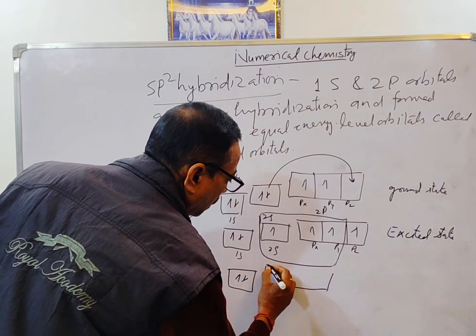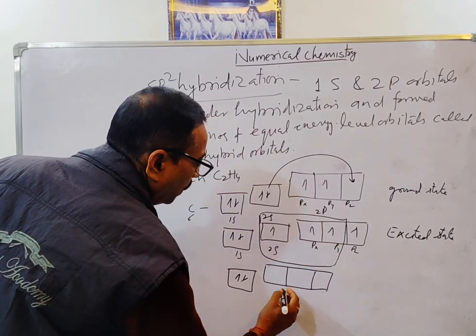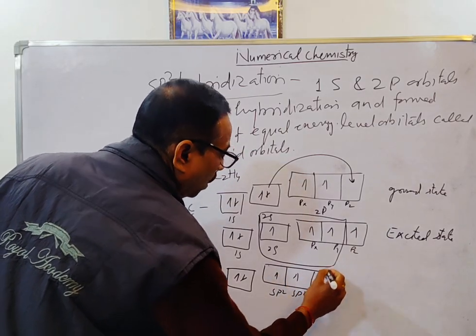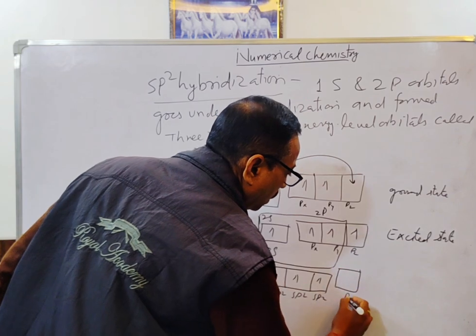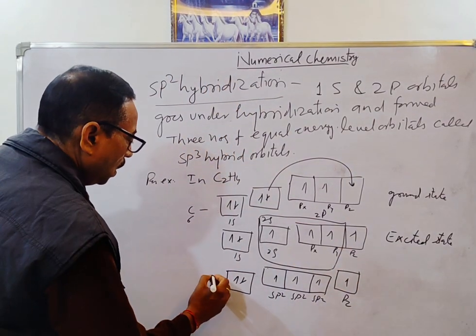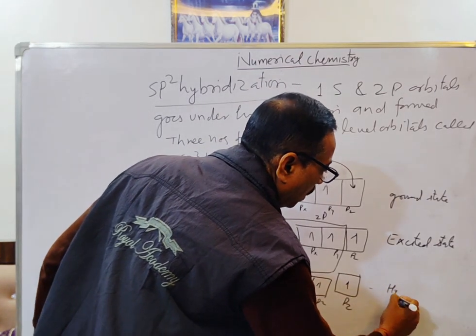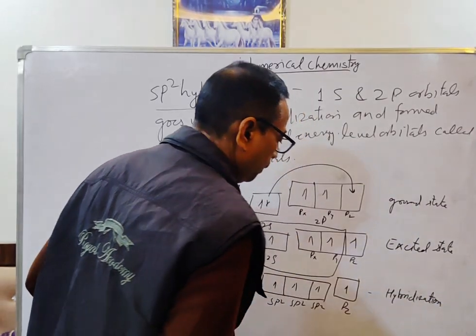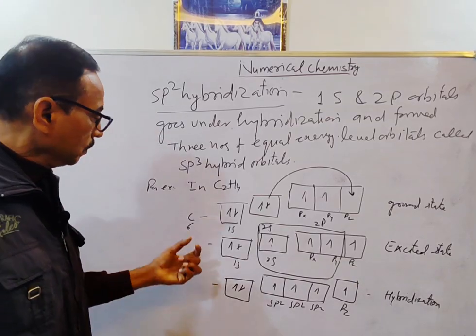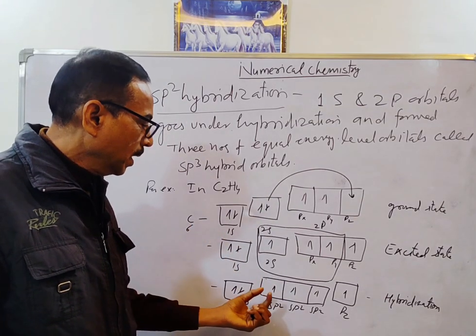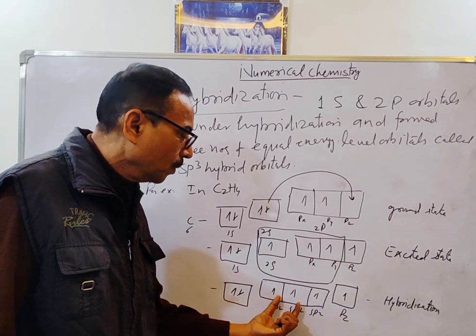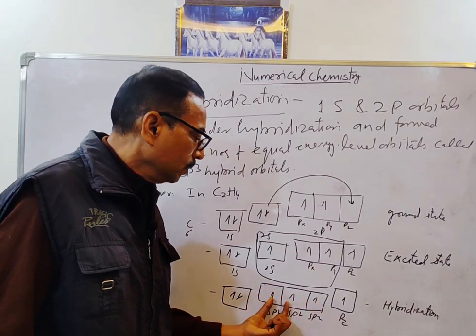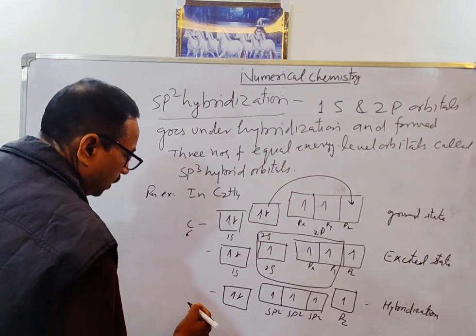In sp2 hybridization, one s and two p go to form sp2 hybridized orbitals, and one unhybridized orbital, pz, remains. So this carbon goes under hybridization, in which one s and two p orbitals form sp2 orbitals of the same energy. This is called sp2 hybridization.